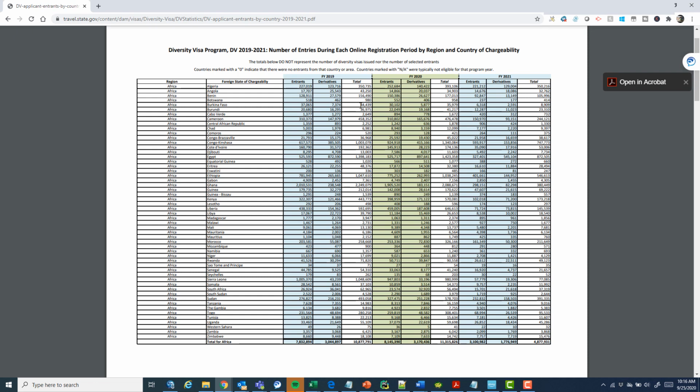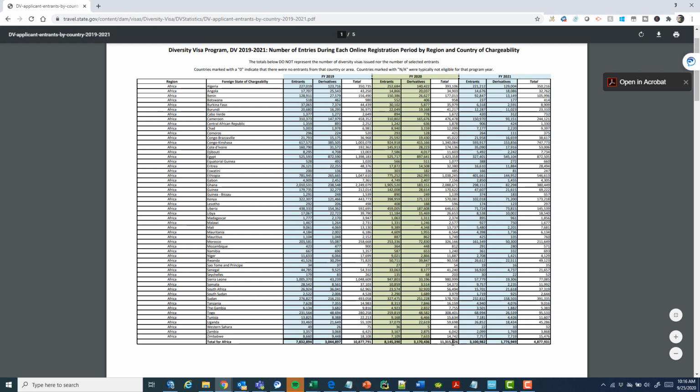But we can see that, for example, in FY19, there were nearly 11 million people from Africa, there were 7.8 million entries, which composed of 11 million people if you add in the derivatives. And similarly, in fiscal year 2020, 11.3 million people are on the 8.145 million entries, right?